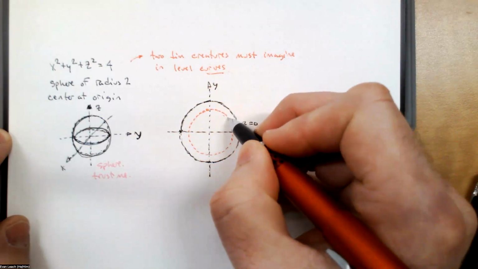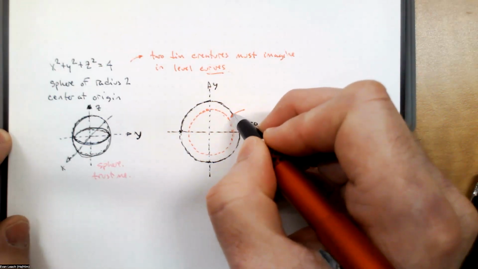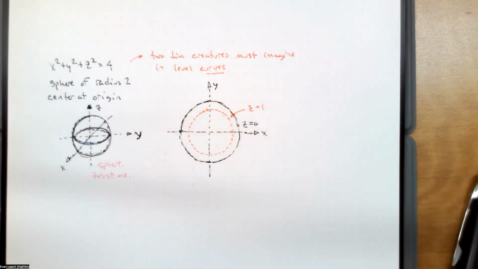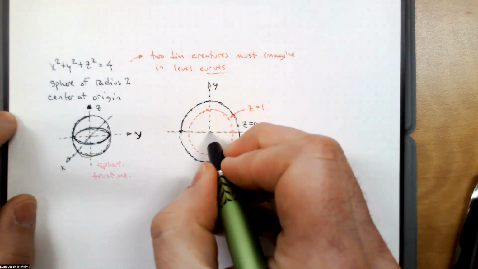Radius is going to be square root of 3. When Z is equal to 2, what are we going to be looking at? Just a point, because we've gone to the top of the circle. Here's where Z is equal to 2.